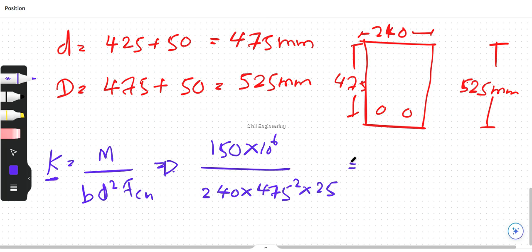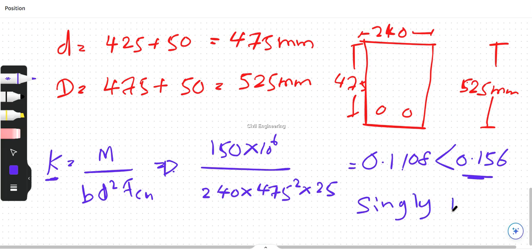That is 150 into 10 to the power 6 divided by 240 into 475 squared into 25. The value is 0.1108. As this one is below the 0.156 value, this can be a single reinforced section.